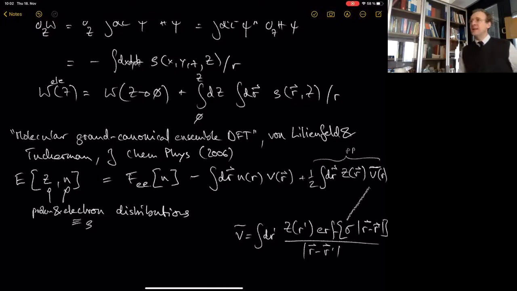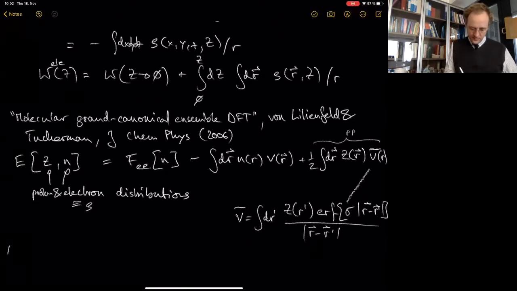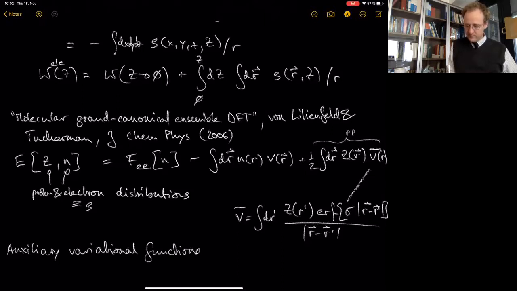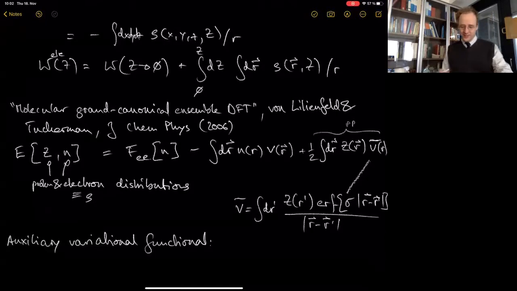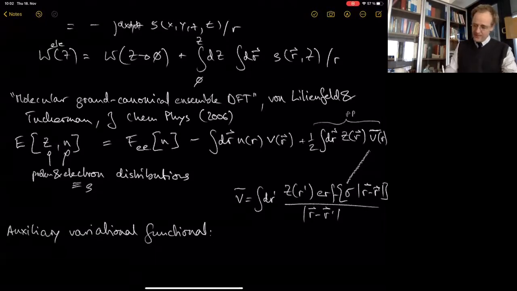Now we can build a variational functional by extending this with Lagrange multipliers, which impose our particle conservation.